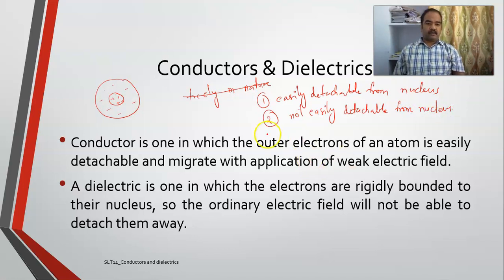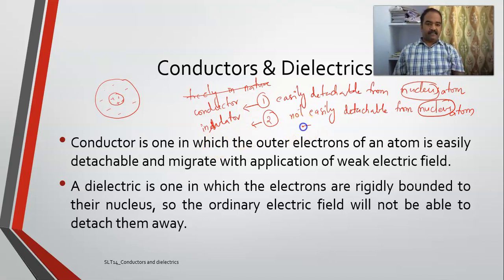In this context, let us suppose we employ electric fields. If, on the application of an electric field, the electrons are easily detachable from the atom, then these are called conductor materials. Whereas if they are not that easy to detach, these are called insulator materials.